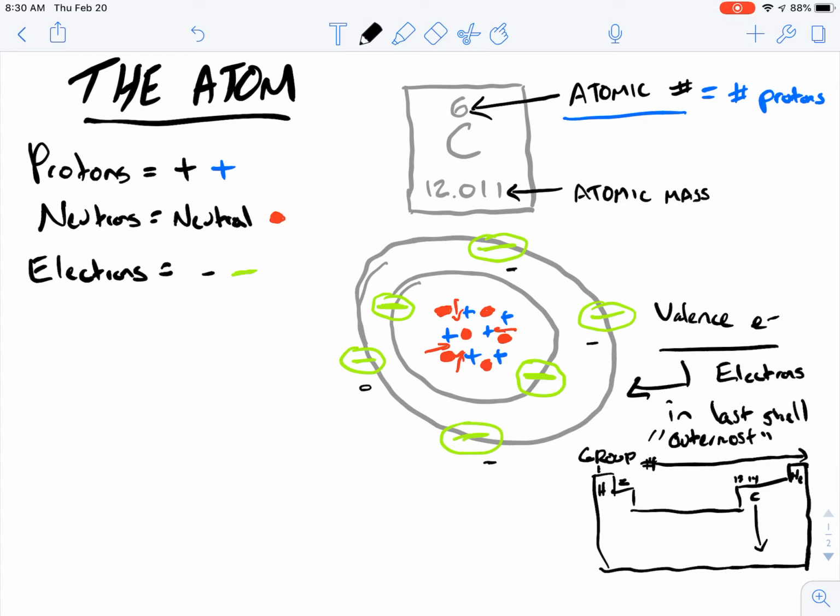Let's move over to the atomic mass. So the atomic mass, or the atomic weight, as it's also called, equals the average mass of all isotopes of an element.